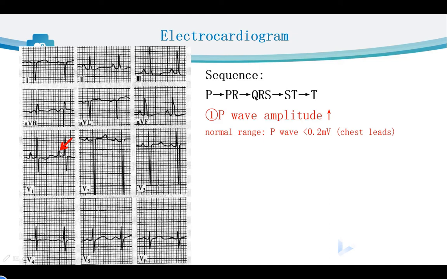We can find the amplitude of the P wave is nearly 2.5 of the box. That means the amplitude of the P wave is nearly 0.25 millivolt, and the normal range of the P wave is less than 0.2. So here shows the increased P wave amplitude.